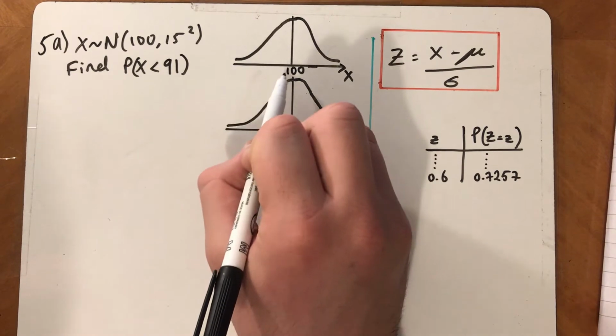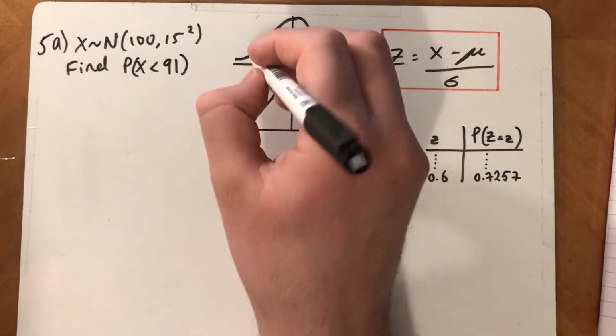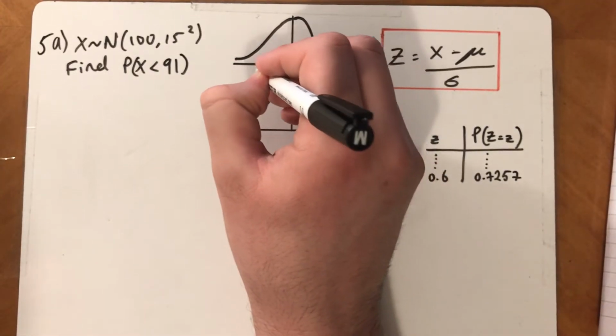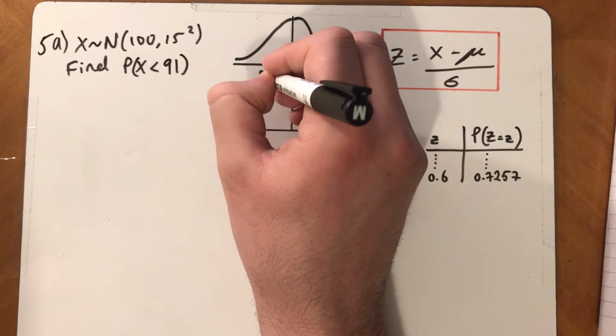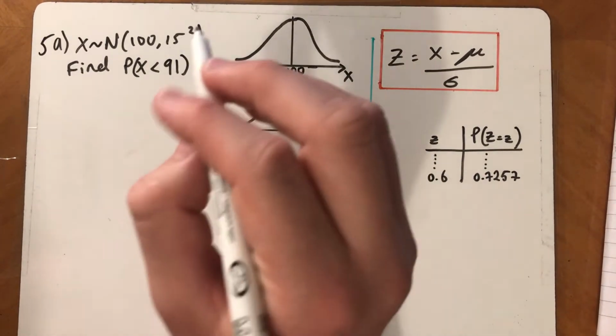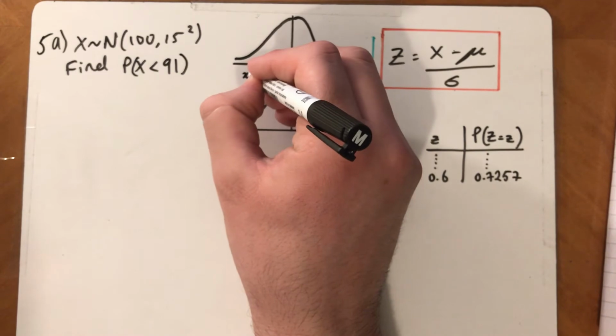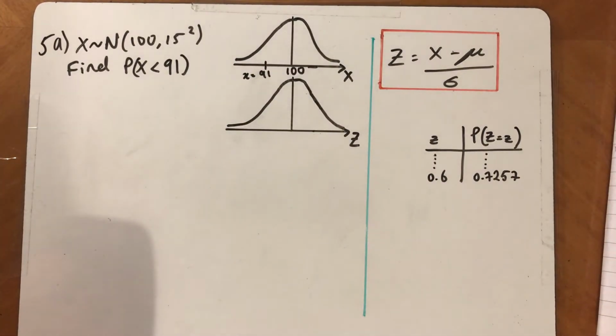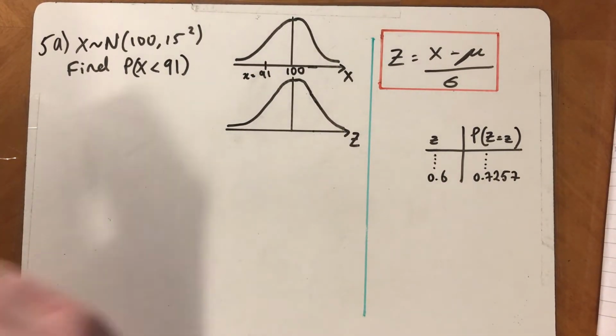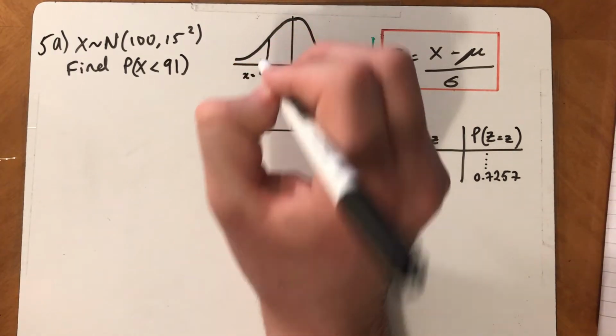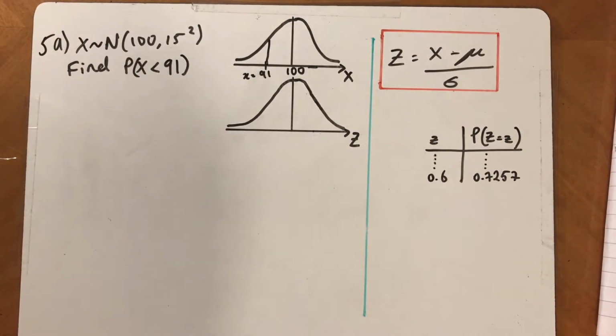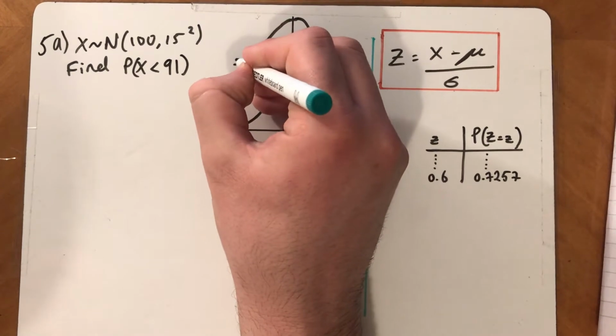So 91 will obviously fall to the left of 100. We can plop 91 in here and give that a value, small x. The probability of being less than 91 is obviously this green area here.